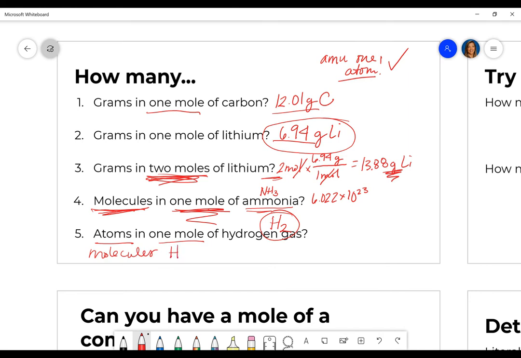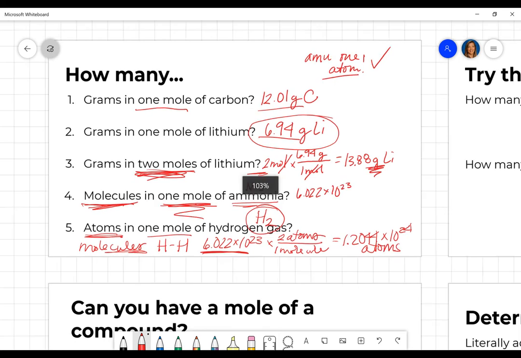Each molecule is an H bonded to another H. So there's 6.022 times 10 to the 23rd of those. But there are 2 atoms in every molecule. So we are going to end up doubling this because there are 2 atoms in every 1 molecule. So we get 1.2044 times 10 to the 24th atoms. That was the challenge problem.